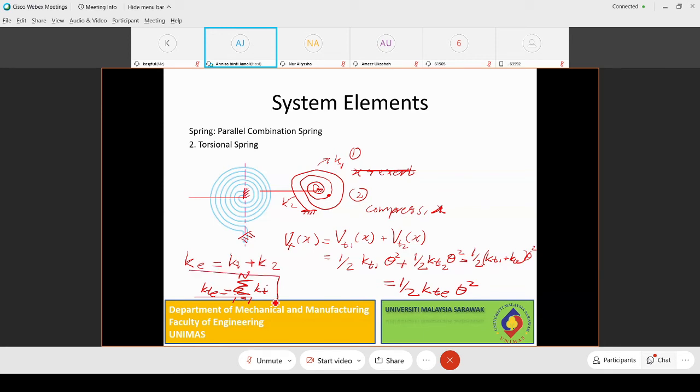So this is general. If you look into the system, when you add this constant value, it is the same as the linear spring. Okay.